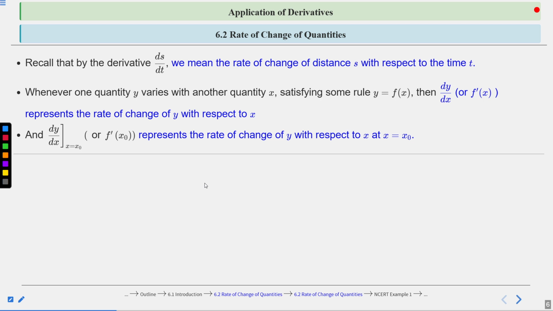And dy by dx at x equal to x naught, or f dash x naught, represents the rate of change of y with respect to x at x equal to x naught, right?